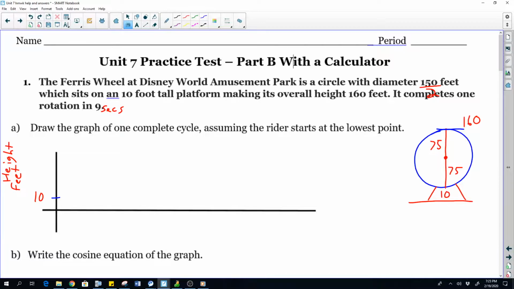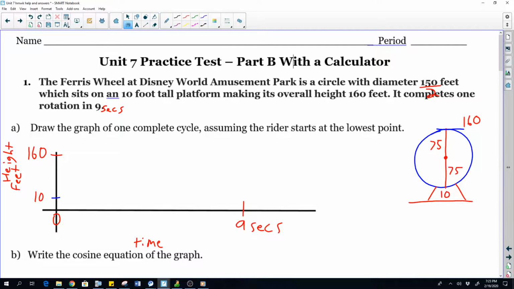So height in feet. And so 10 is our minimum, and then it goes as high as 160 feet is our maximum. Nice. So it looks like 9 seconds. So we're going to go from 0 to 9 seconds. And so that'll be our time in seconds here.